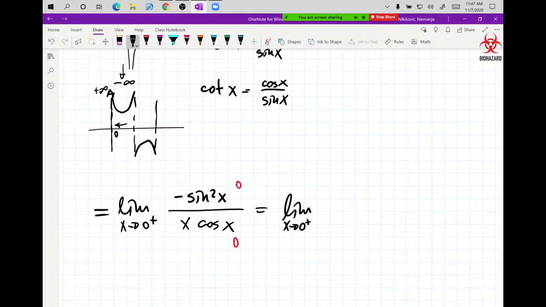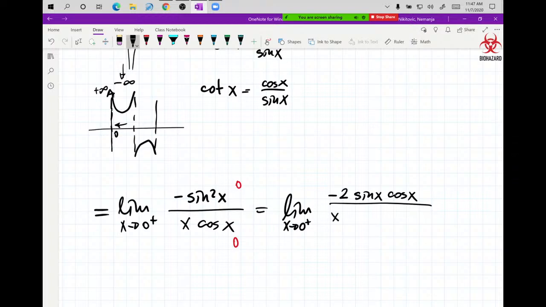So the derivative of sine squared up there is -2 sine x times the derivative of sine, which is cosine x, divided by, and the derivative on the bottom is the product rule.